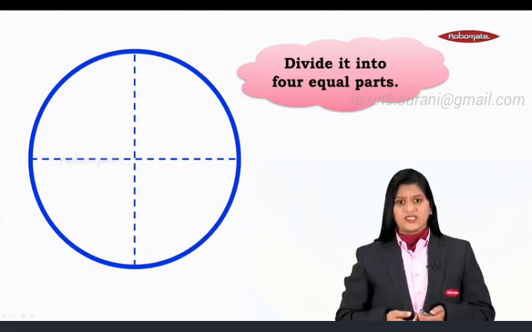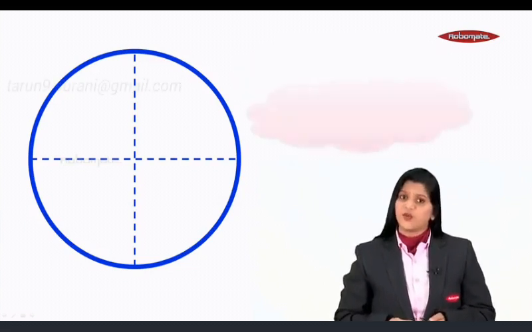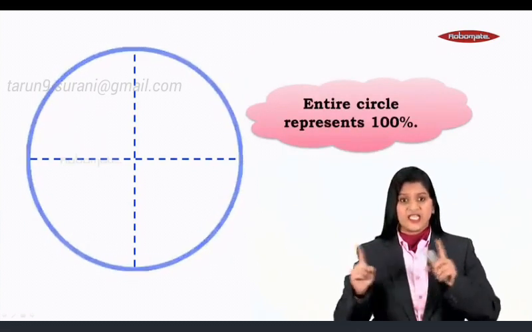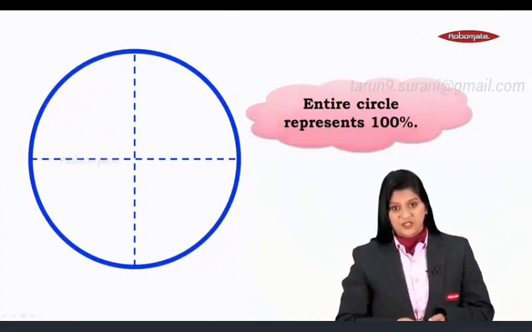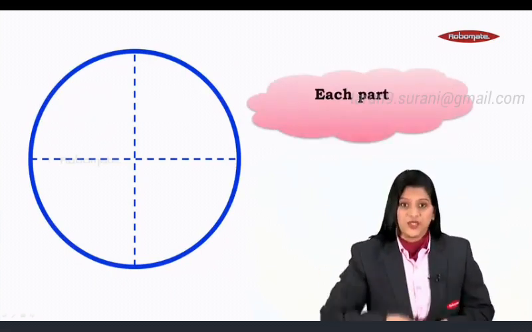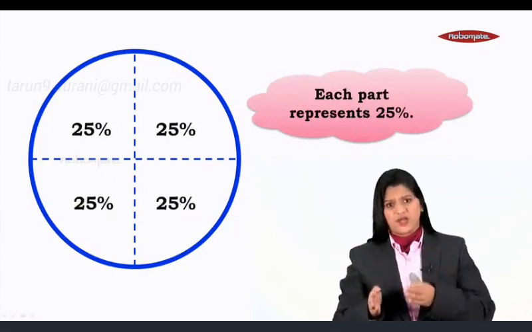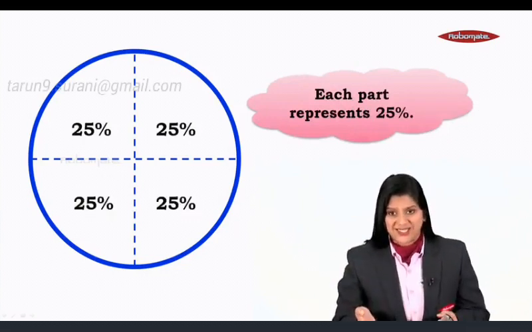Okay, now understand. Why draw them into 4 equal parts? It's easy. Entire circle represents 100% since we are dealing with percentages. Okay, now what you're going to do is each part represents 25%.